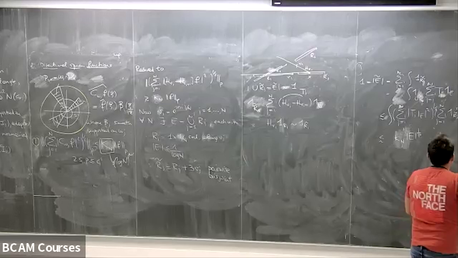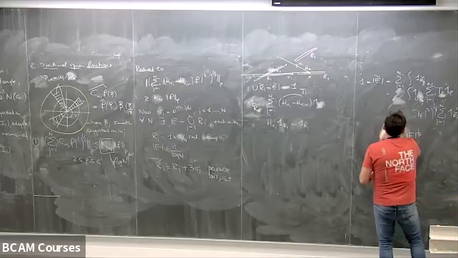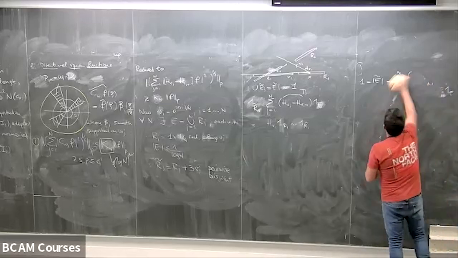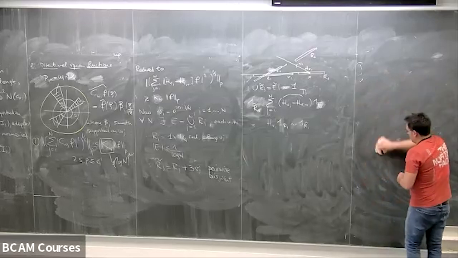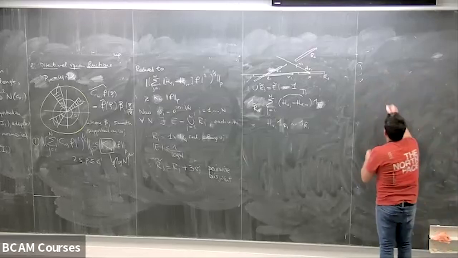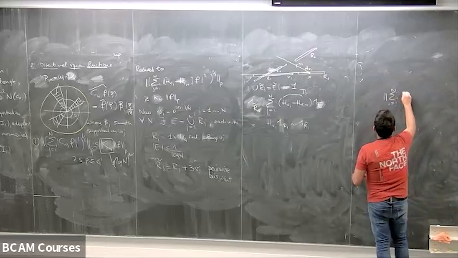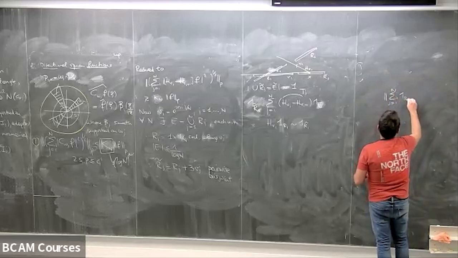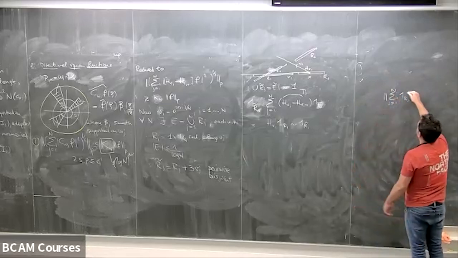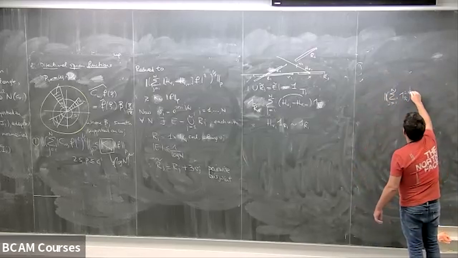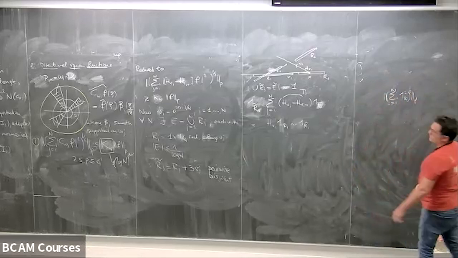I think it rests on, it was correct before, and it rests on the fact that this square function is bounded by... it's because, okay, this is bounded. So it was correct before.